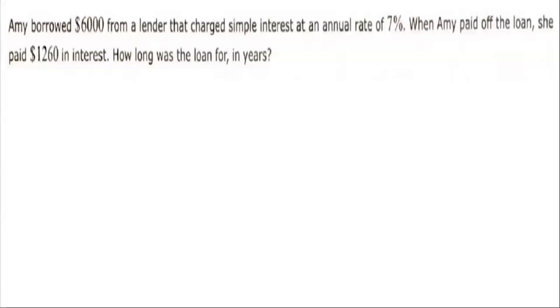Okay, so this one says Amy borrowed $6,000 from a lender that charged simple interest at an annual rate of 7%. When Amy paid off the loan, she paid $1,260 in interest. How long was the loan for in years?